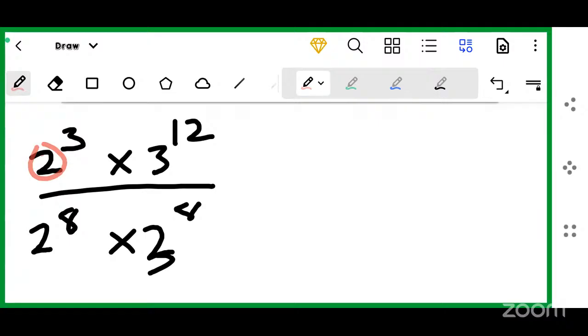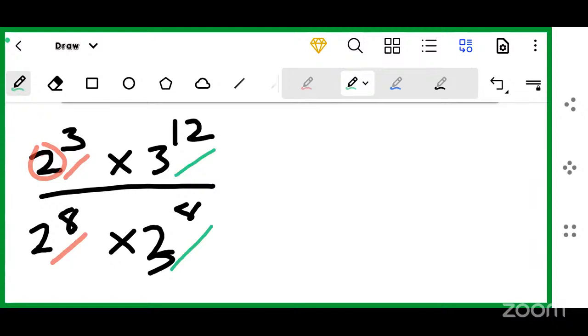Now let's group them. Which like term is grouping with which one? The 2 to the power of 3 is going to deal with the 2 to the power of 8, and the 3 to the power of 12 is going to deal with 3 to the power of 8.